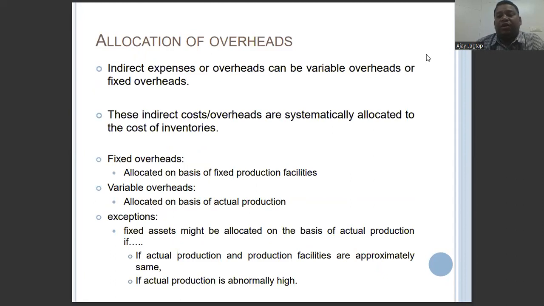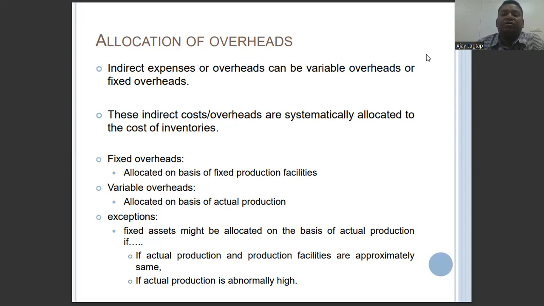Allocation of overheads. Indirect expenses are overheads, which can be variable overheads or fixed overheads. These indirect cost overheads are systematically allocated to the cost of inventories.